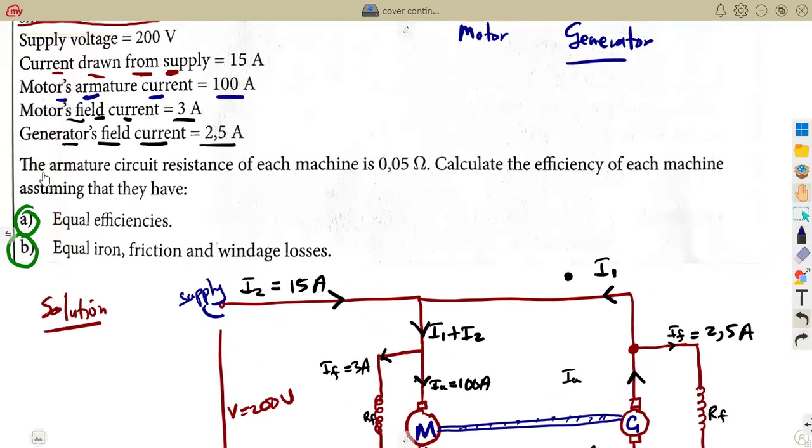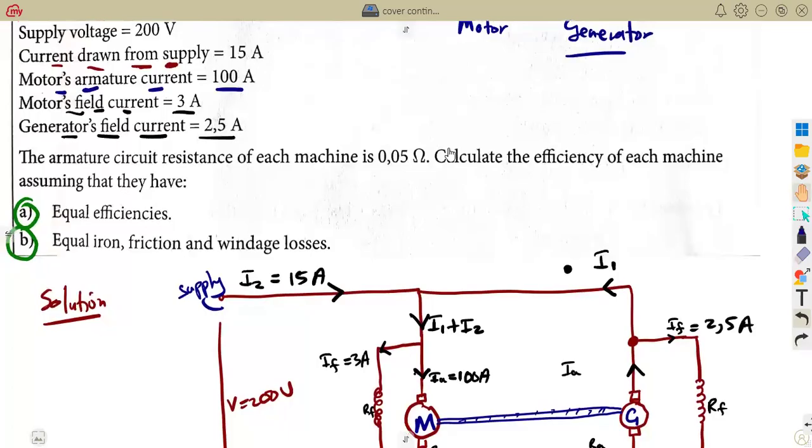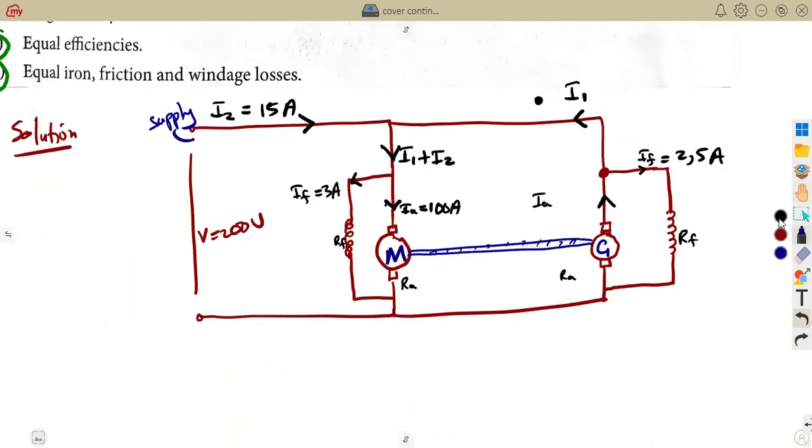All right, so we have the armature circuit resistance of each, because they're identical, they have the same. That's 0.05, the same for each machine that we are having. That is the generator and the motor. They have the same armature circuit resistance. Because we do not have other components affecting the armature circuit, we're just going to take that one as RA, the resistance of the armature circuit.